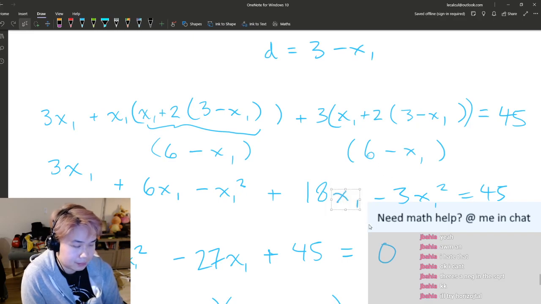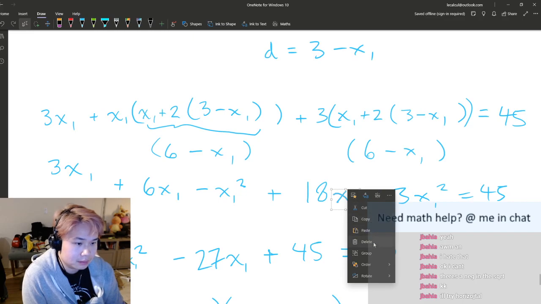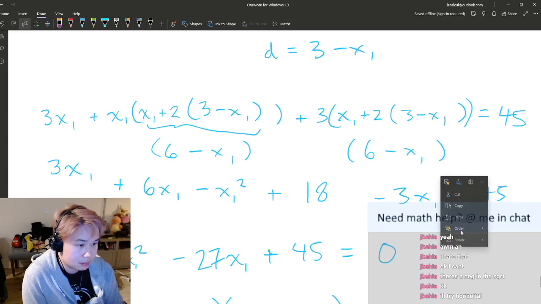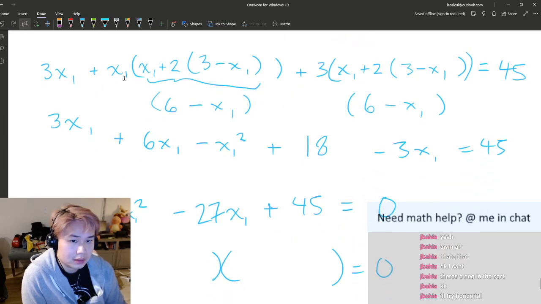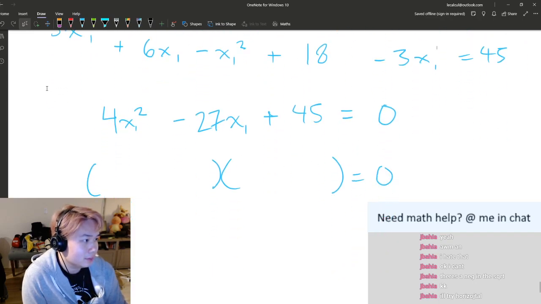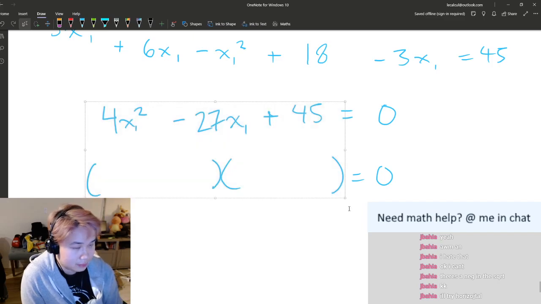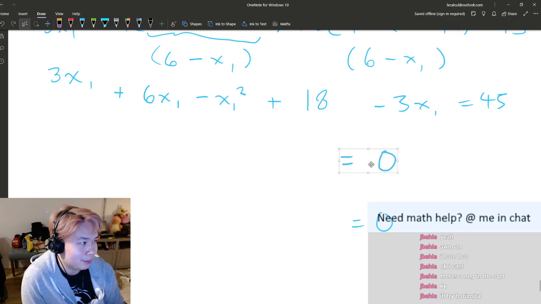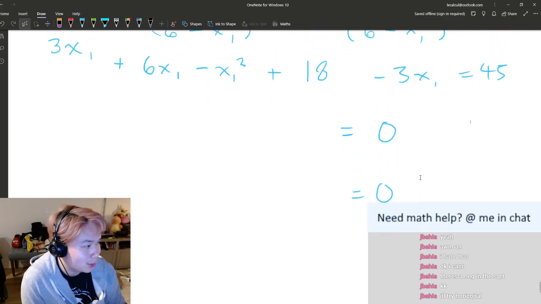Ah, I did. So this one got an x1 squared because, well, there's this x1. But this one was just a 3. So I should have just multiplied these by 3 each. And if you guys notice, I am right-clicking to delete because my keyboard is unplugged right now.